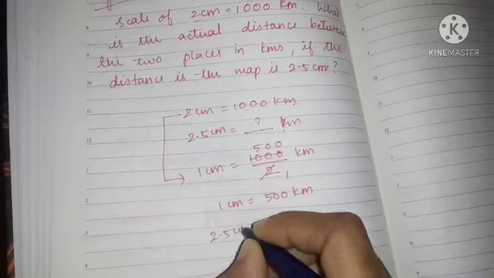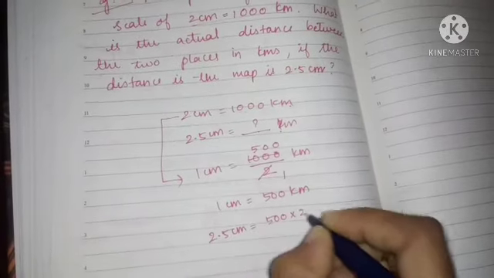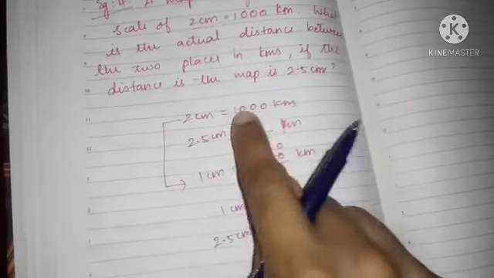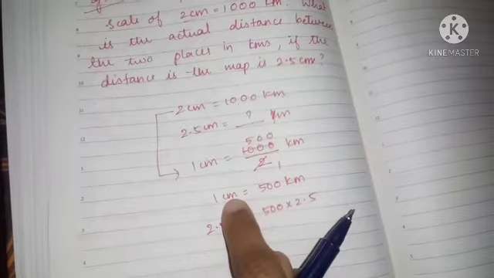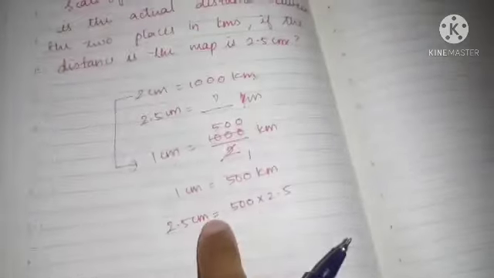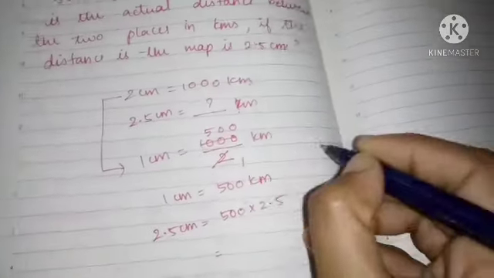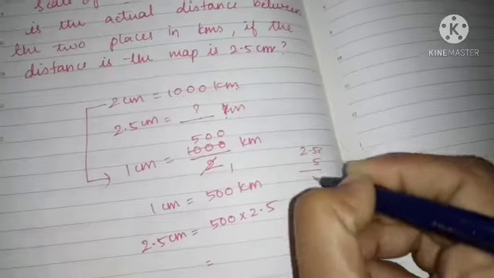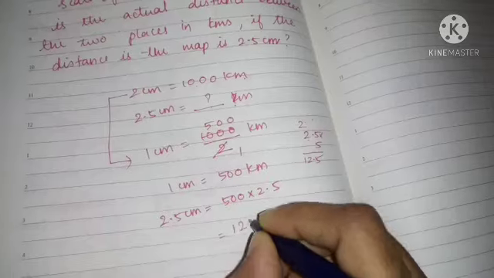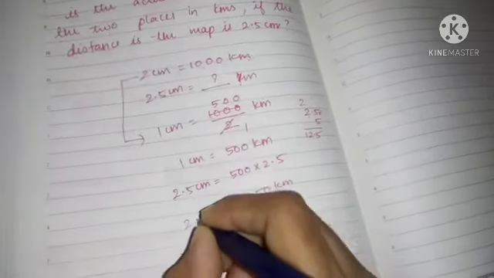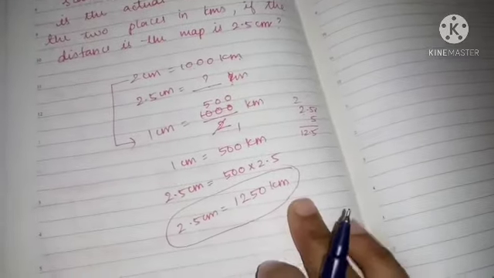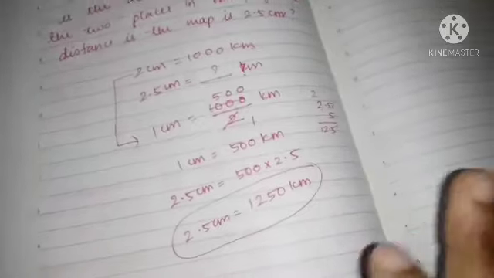For 2.5 centimeters, 500 into 2.5, which is 1250 kilometers. So 1250 kilometers will be the distance.